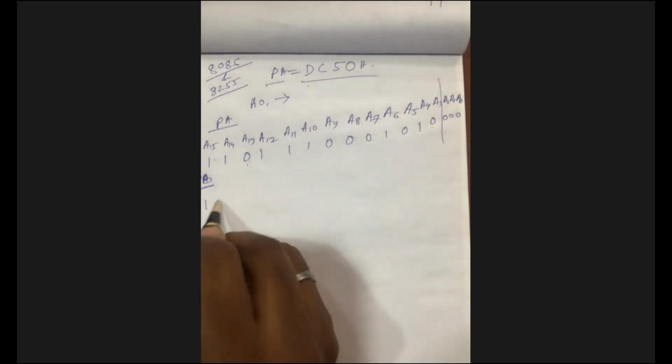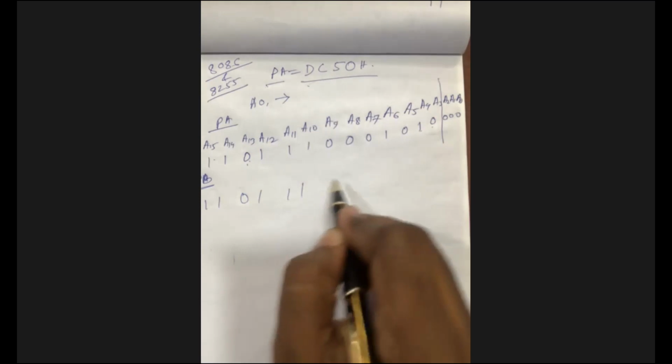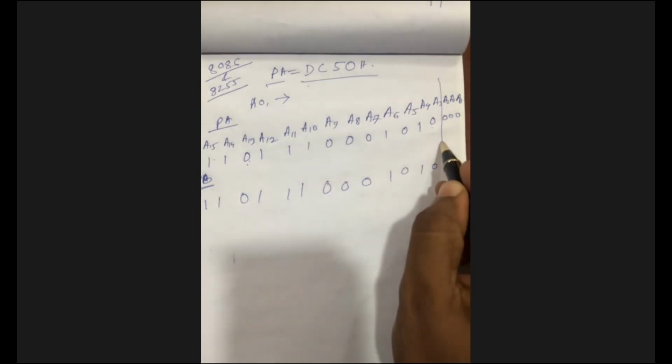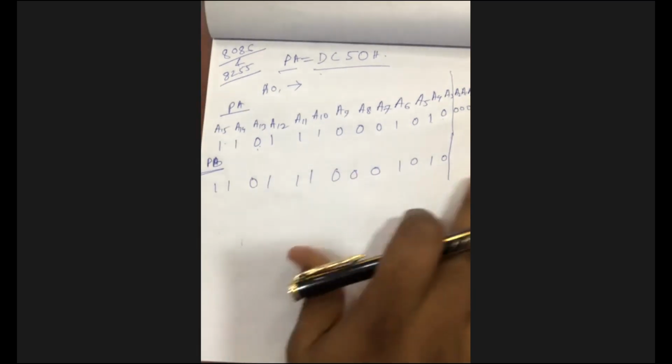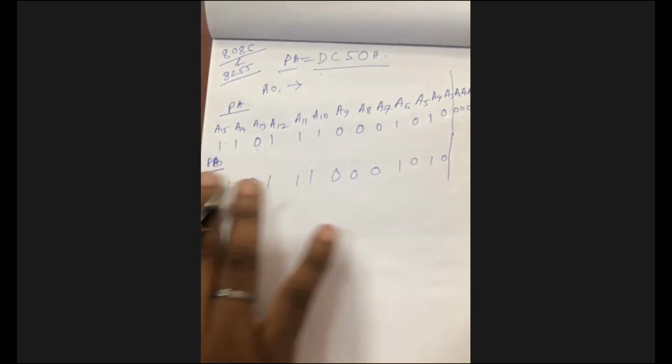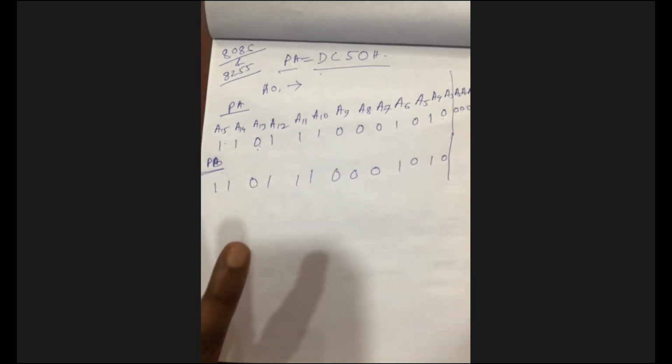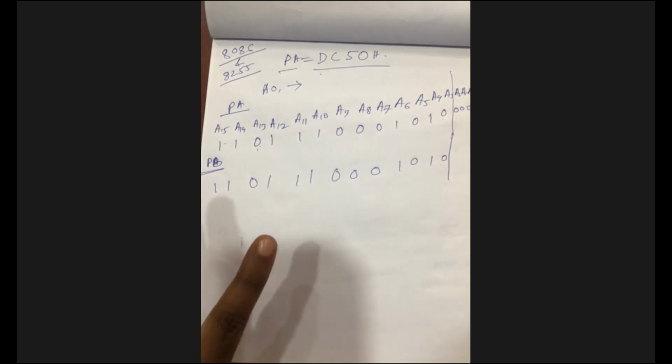Up to A3 no change, 11011110, so DC52, not DC51. Up to A3 no change because it is connected with a decoder, or whatever you call the NAND gate.